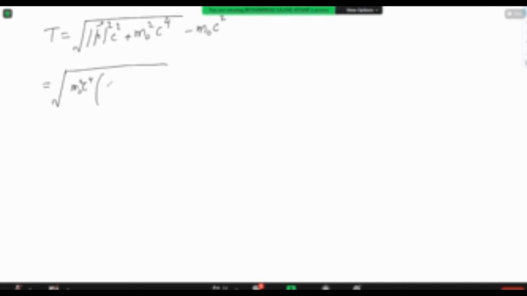We will have this as 1 plus p upon m naught c whole square, because m naught c square we have taken common, and therefore this will give you 1 plus p square c square upon m naught square c to the power 4. The m naught square c square will survive, and when you take the square root, you will have this term minus m naught c square.